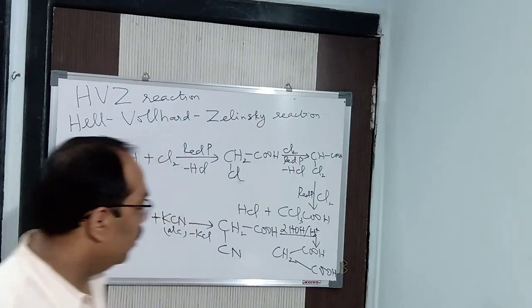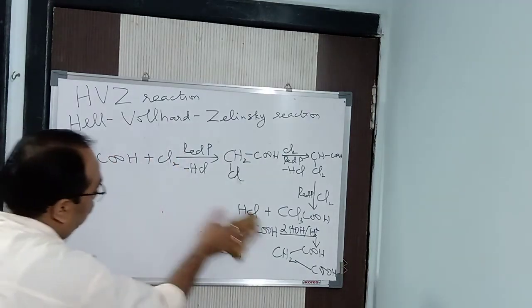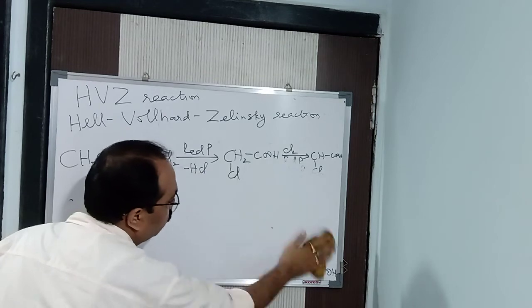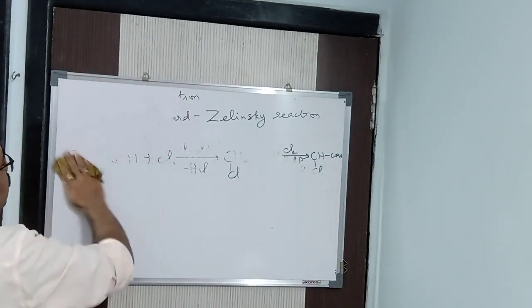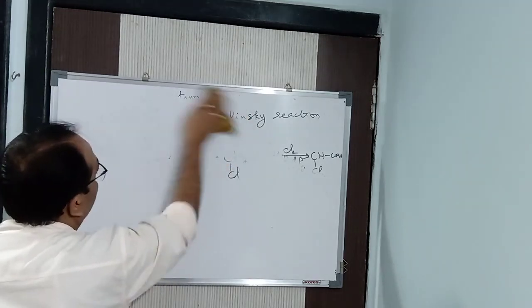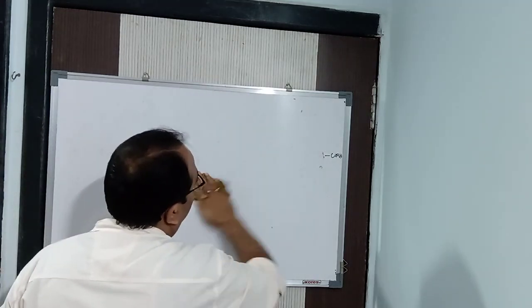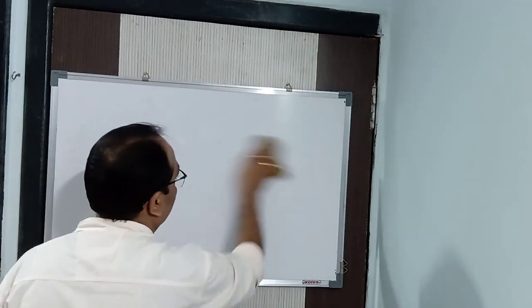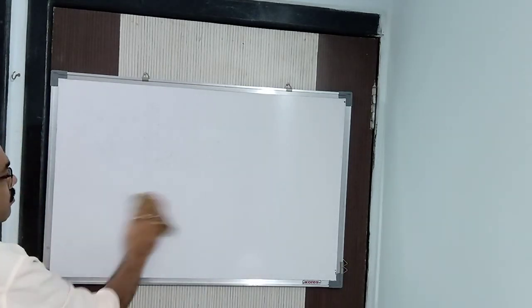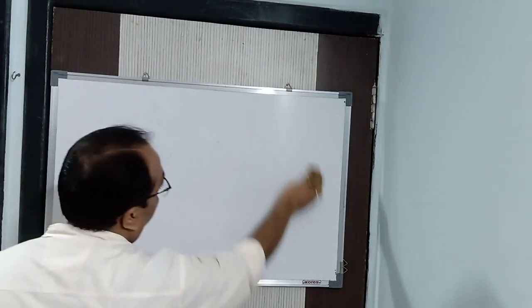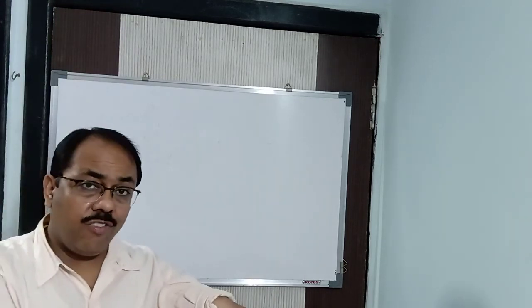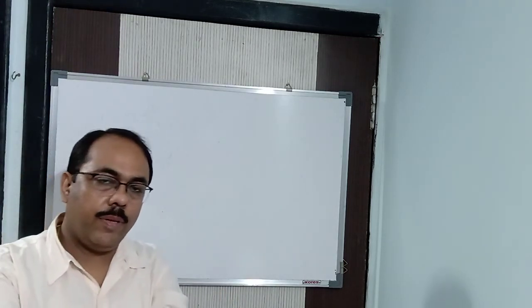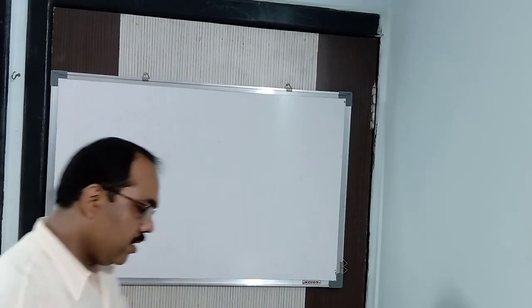So in this way you can convert one compound into another. Alright, next we will go for electrophilic substitution reaction. Electrophilic substitution reaction is carried out with difficulty under drastic conditions. Why? Because the COOH group is a deactivating group. So it does not undergo further substitution readily.